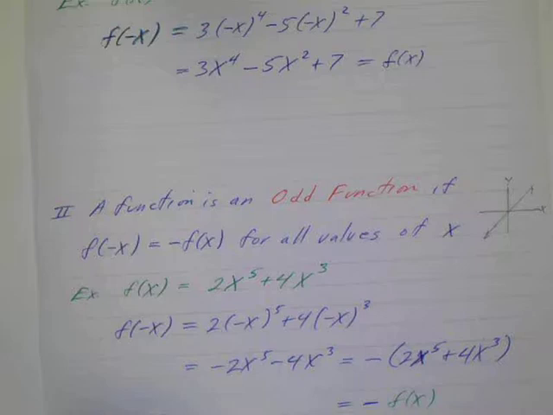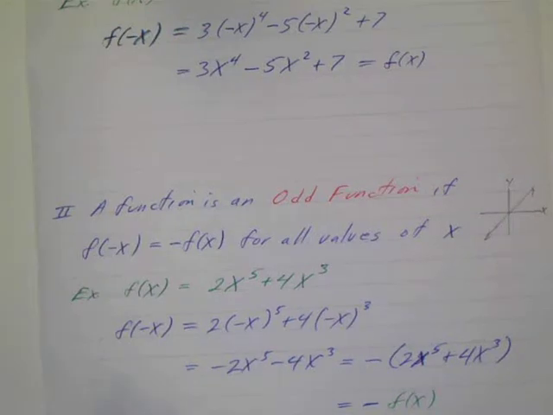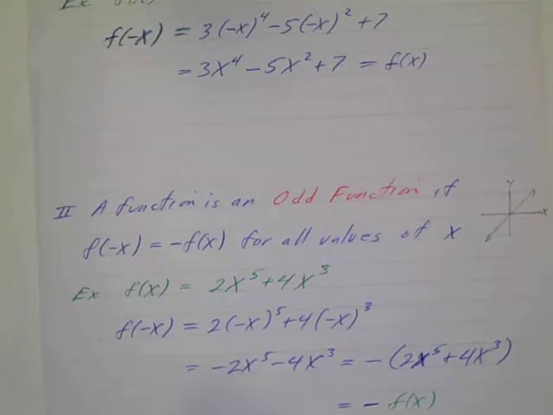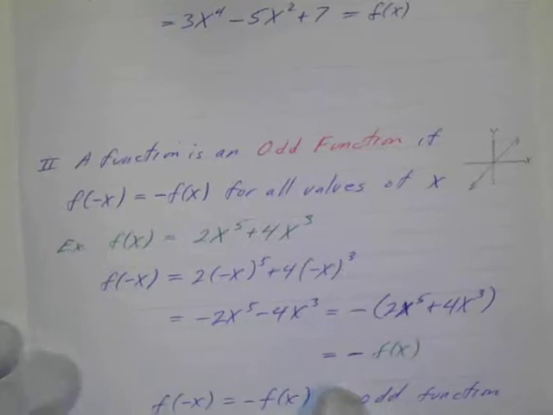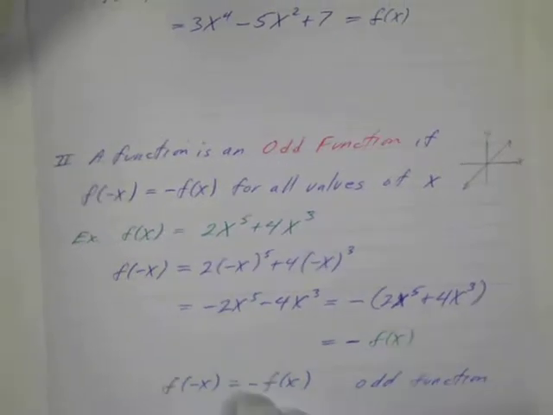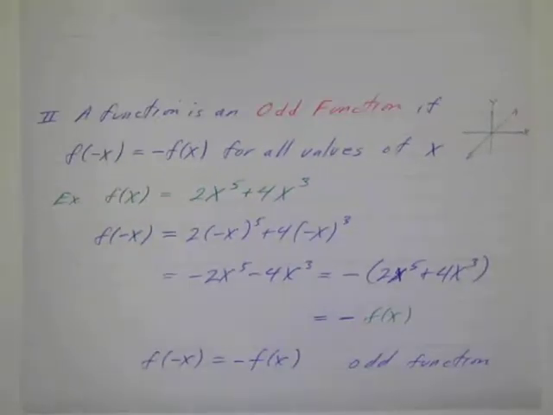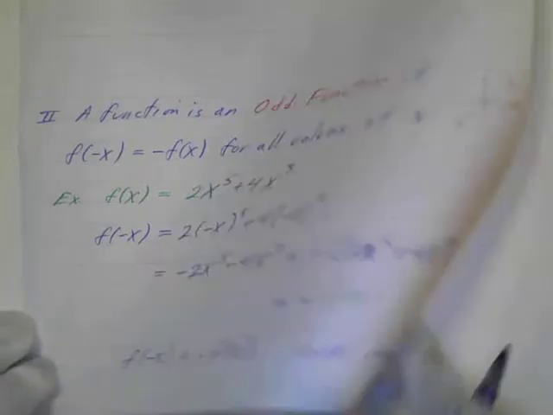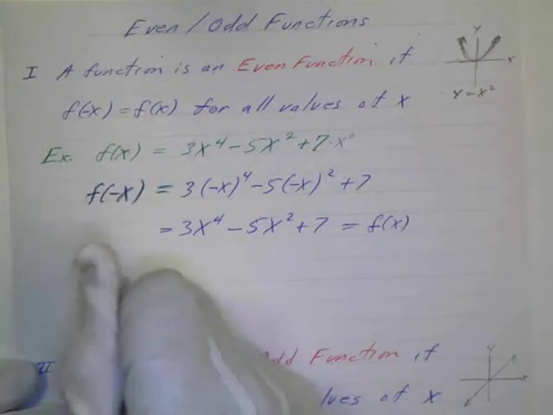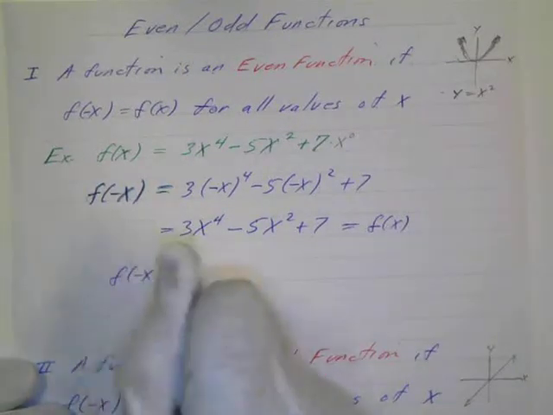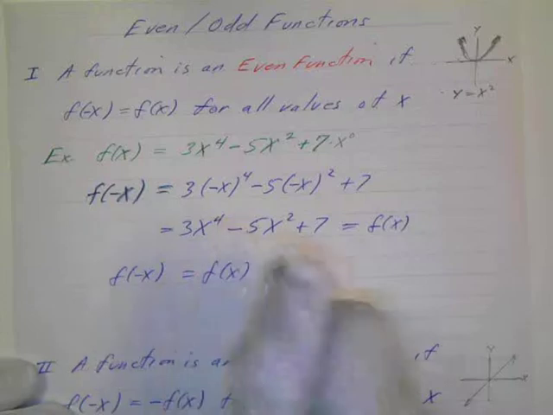Let me write that down over here. And then if we go back and look at the first example, we can say that f of negative x equals f of x, and we have an even function.